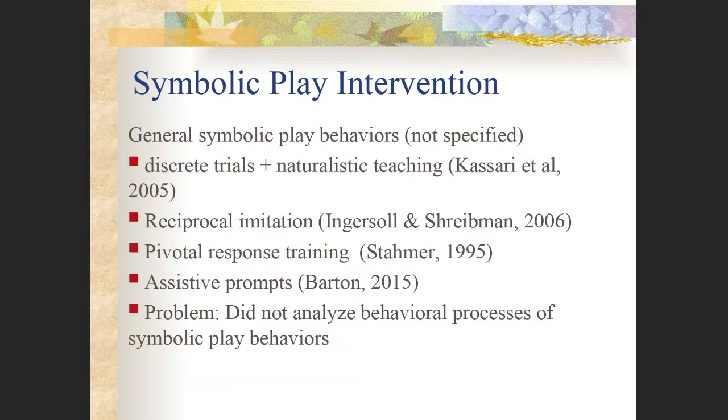In the studies, they have very little information regarding what was taught and what was done. They just list 3 basic forms of symbolic play: object substitution, imaginary objects, and attribution of pretend properties. So they list that, but they did not have specific target skills.